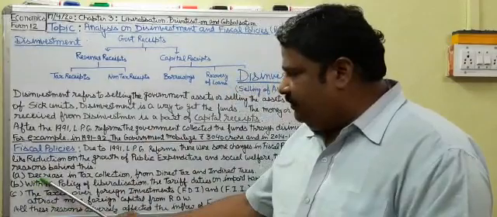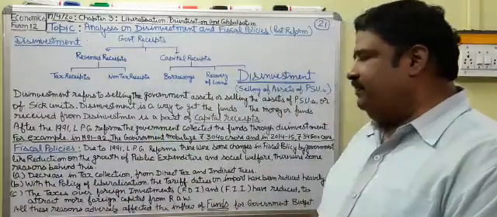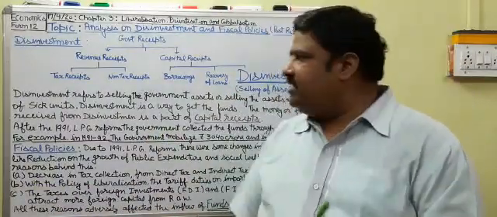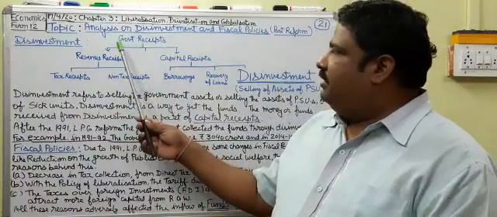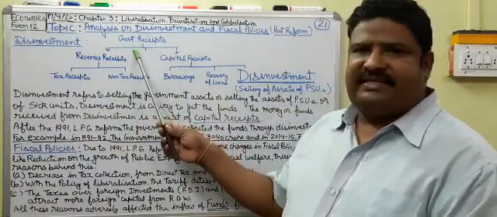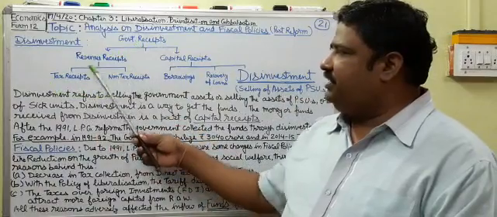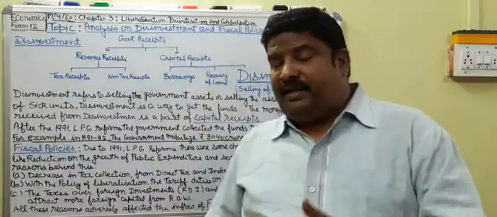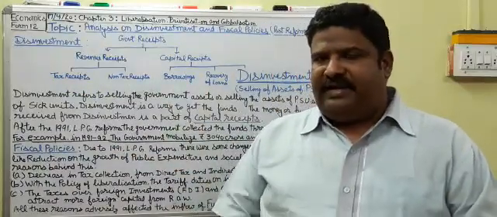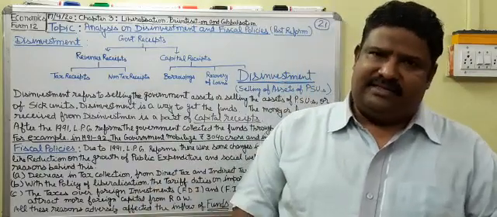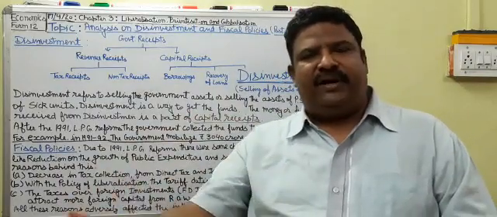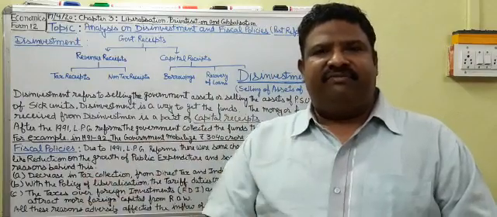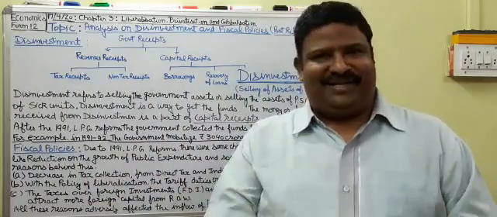Number A, decrease in tax collection. One of the major sources of government receipts, as we can see here, is tax collection. There are mainly two types of taxes: direct tax and indirect taxes. Direct taxes include corporate tax, wealth tax, and most importantly income tax.